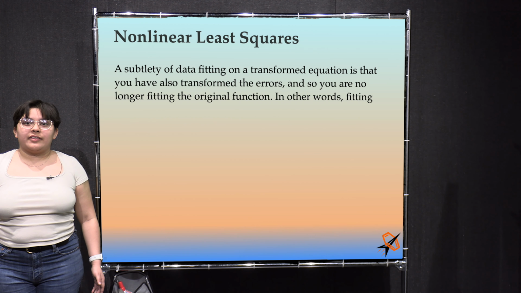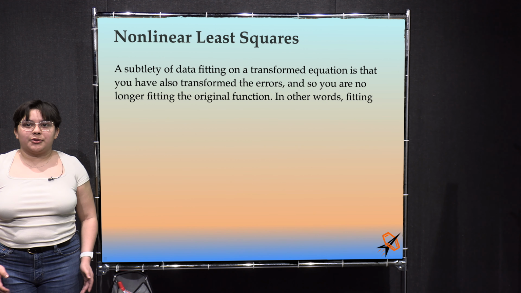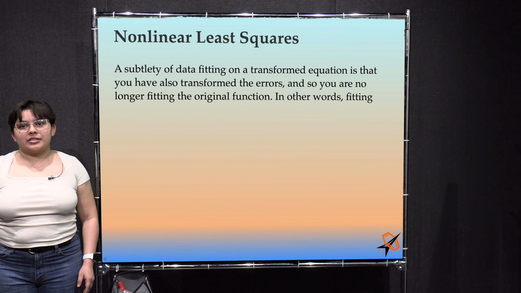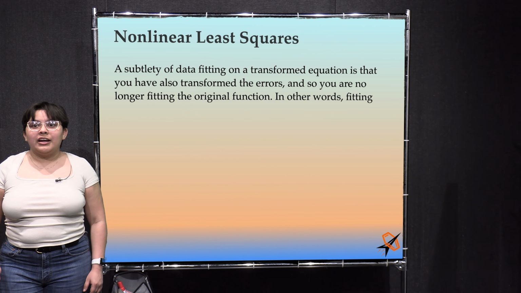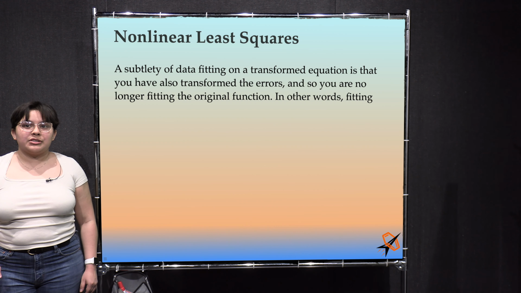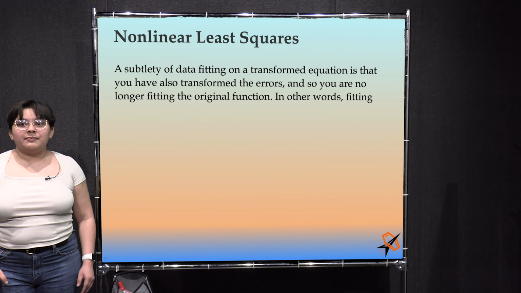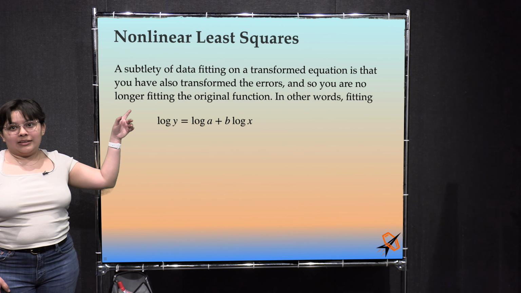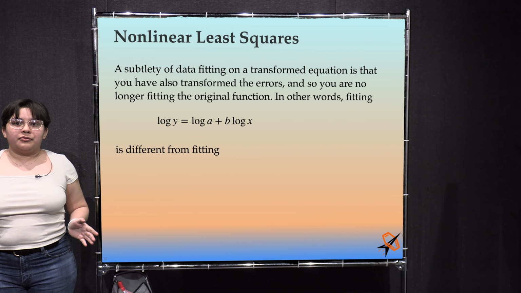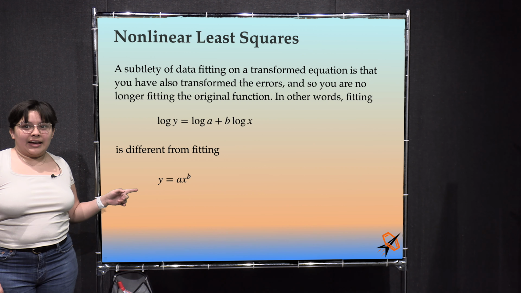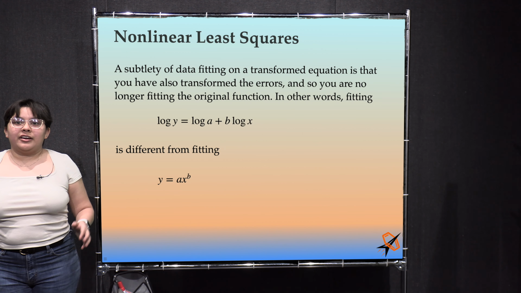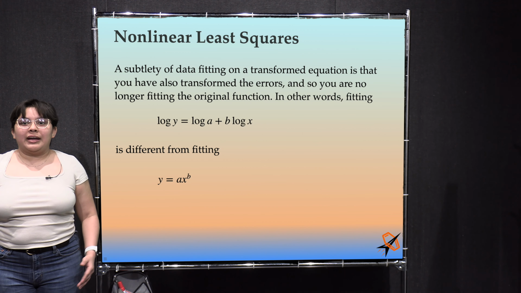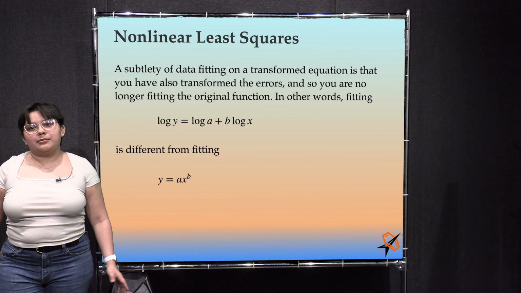There is a subtlety that comes from data fitting the equations that are transformed to make them linear equations. When you transform the points, you also transform the errors, and so you are no longer fitting the original functions. In other words, fitting log y equals log a plus b log x is different from fitting y equals ax to the b. And depending on how you do the fit, you may end up with different values for a and b.